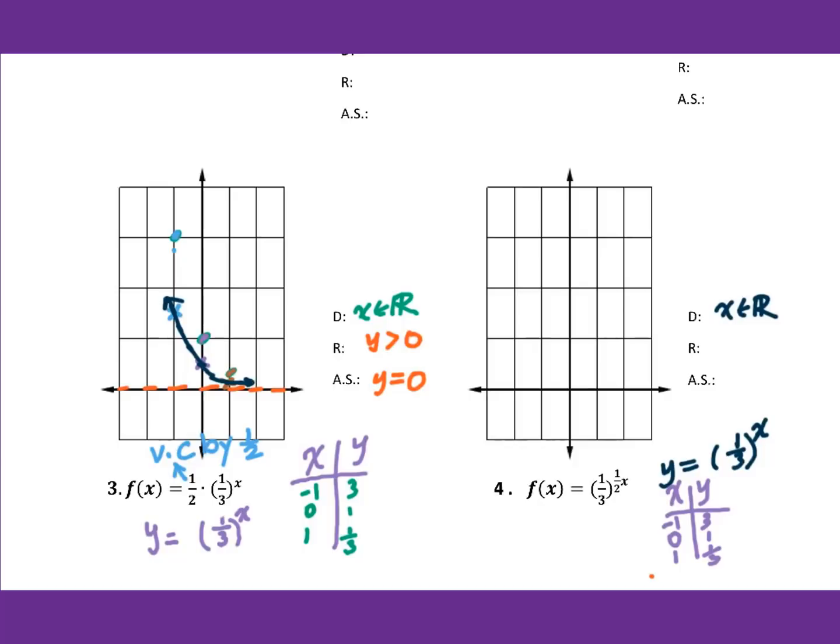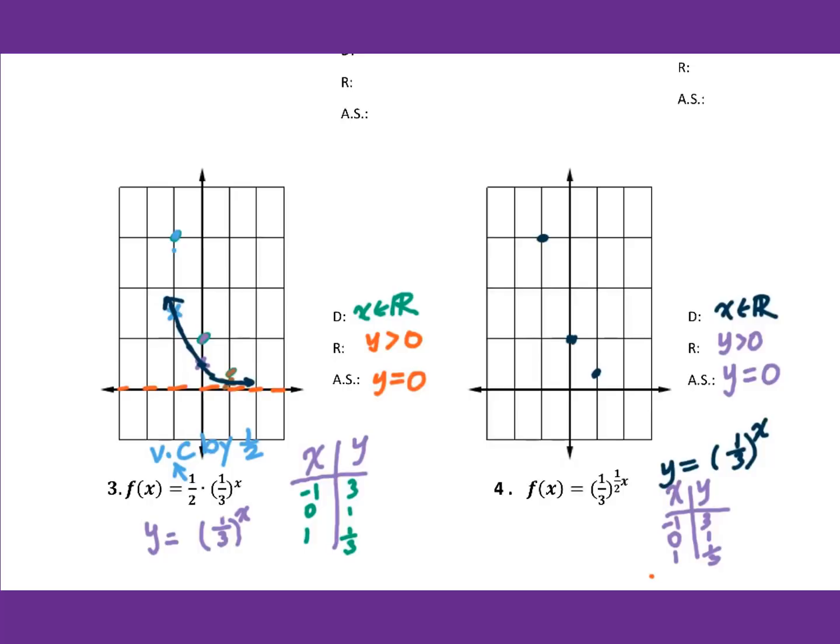For range, you set up exponential form y greater than 0. Therefore, asymptote line is y equal to 0. So we got -1, that's 3. It's here. 0, 1. Then you get 1 over 3.